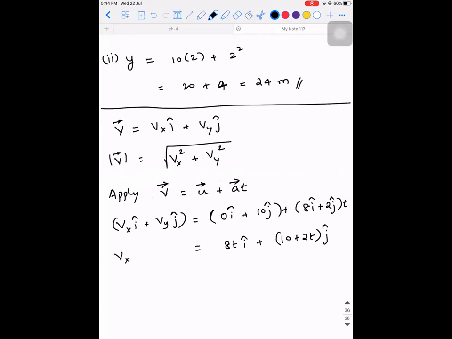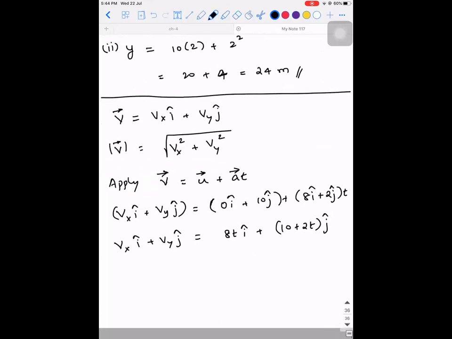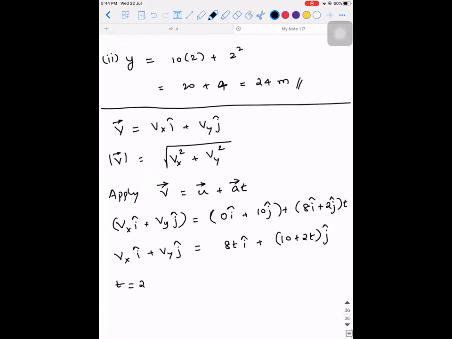We have the value of t now, sir. Yeah, you have. Now substitute. So t is equal to 2 seconds. Substitute: Vx i cap plus Vy j cap will be equal to how much? 16 i cap plus 14 j cap. So what will be the speed?